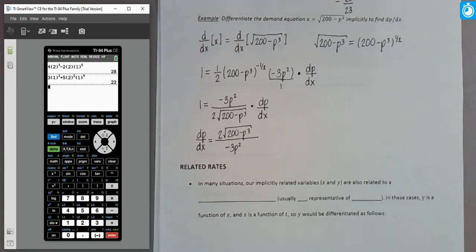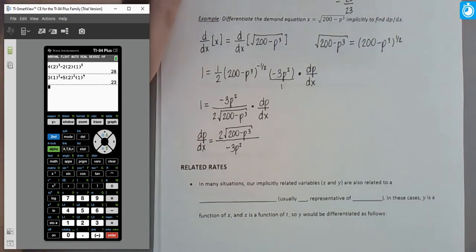So now that we've done a couple of examples involving implicit differentiation, we want to take this idea of a variable not truly representing just a variable, but representing a function of another variable, and apply it to what we refer to as related rates problems.